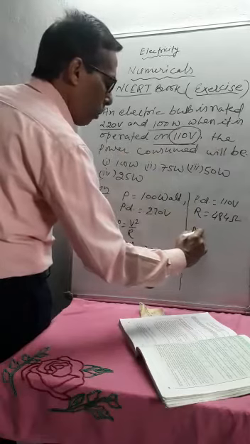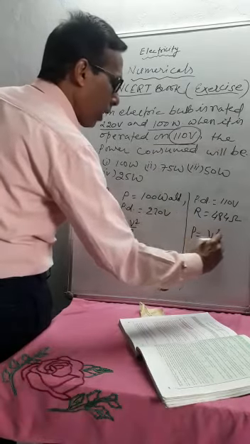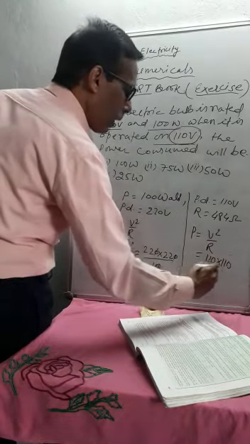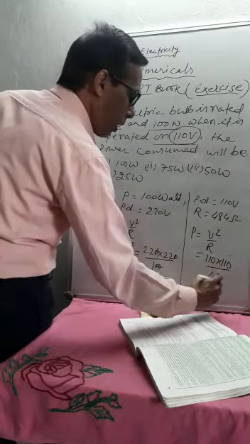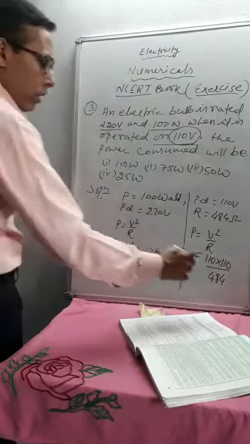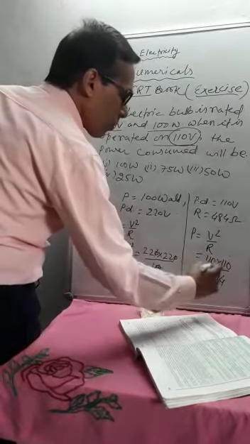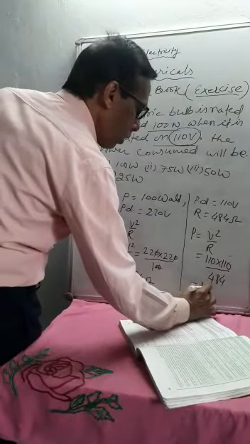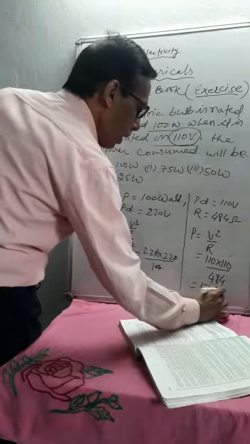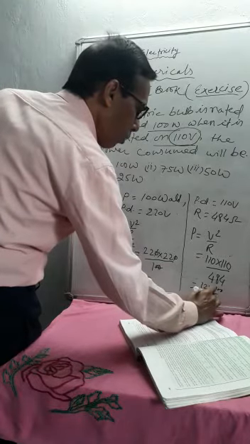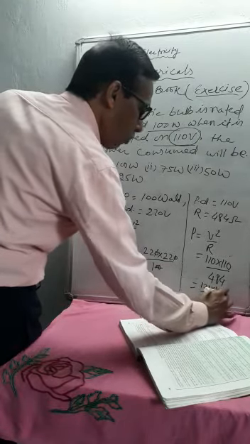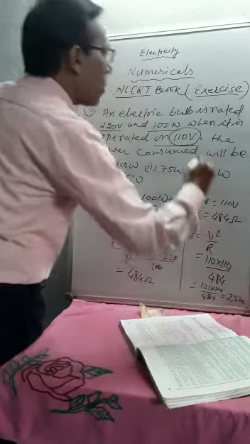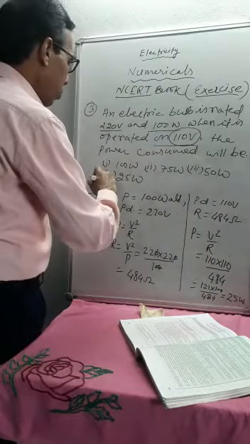All of you know the formula, P is equal to V square by R. So here 110 into 110 divided by 484. After calculation you will get 121 into 100 divided by 484, which is equal to 25 watt. So the correct option is 25 watt.